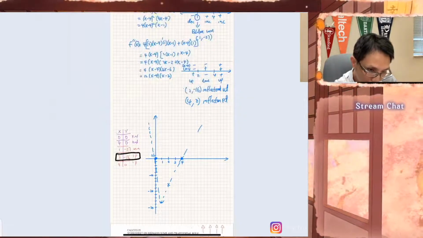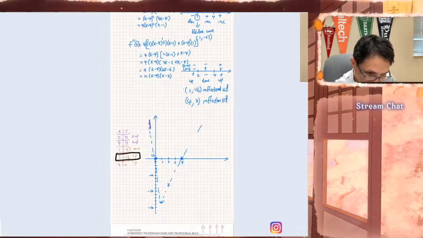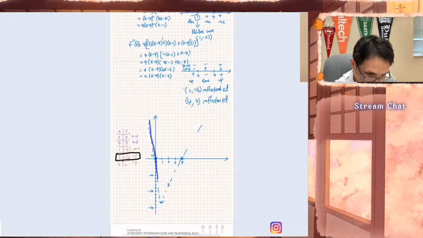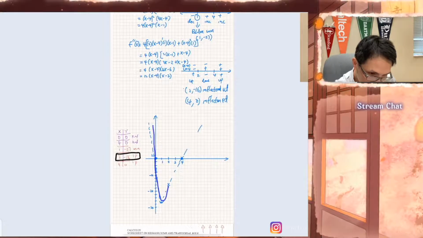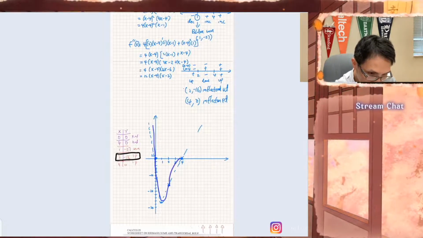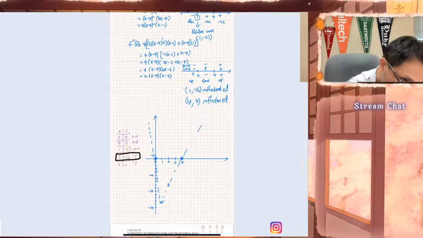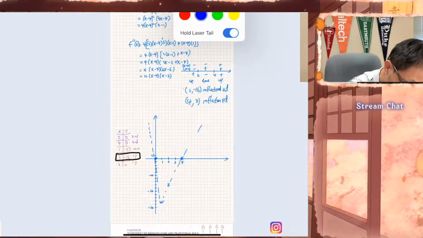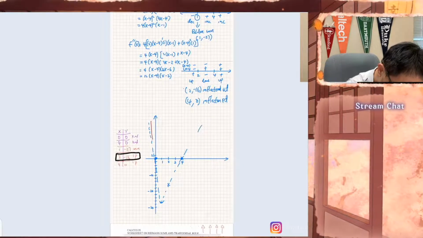The sketch is going to be in red, so I'm going to use the highlighters first. So it's going to be concave up, concave down, concave up, like this. So I'm going to use the black marker now to draw it. Oh, red marker, sorry.